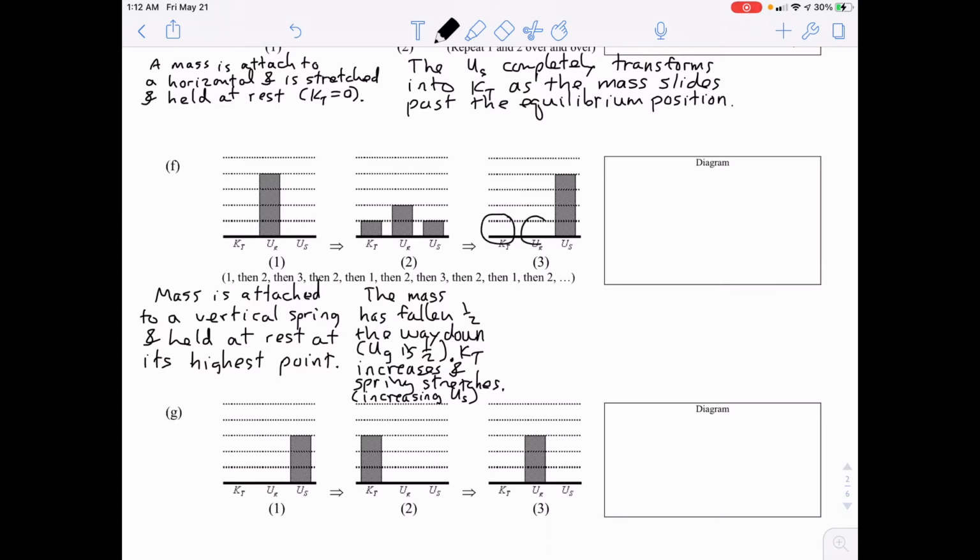It's clearly at its lowest point, and you clearly have full stretch and full spring potential energy.